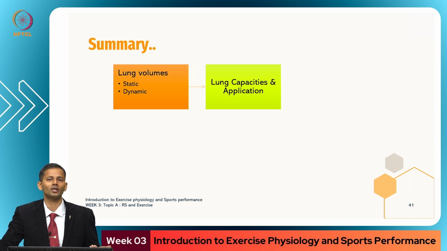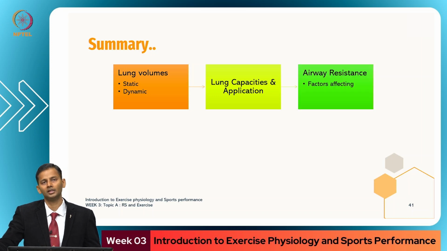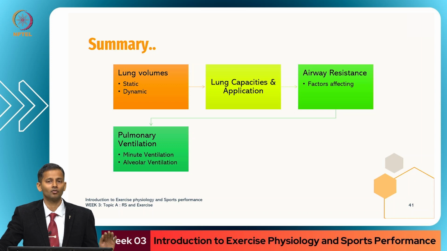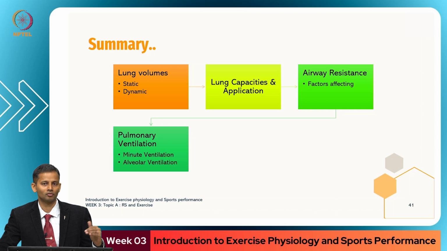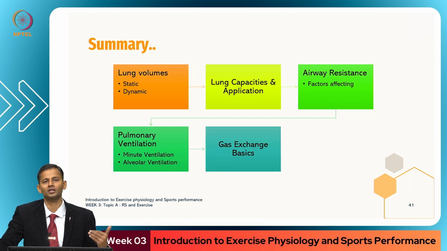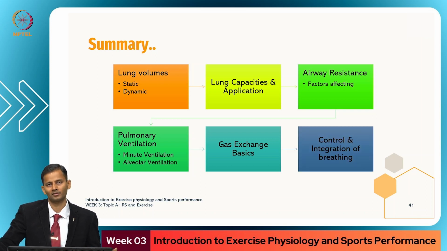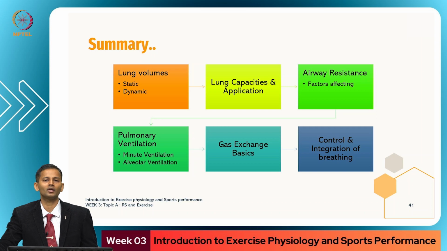We also saw the application of these capacities in exercise, the factors affecting airway resistance, the different types of pulmonary ventilation, and the importance of alveolar ventilation. We saw two exercises on this. We also studied the basics of gas exchange and how the control of the entire breathing is maintained in the body.